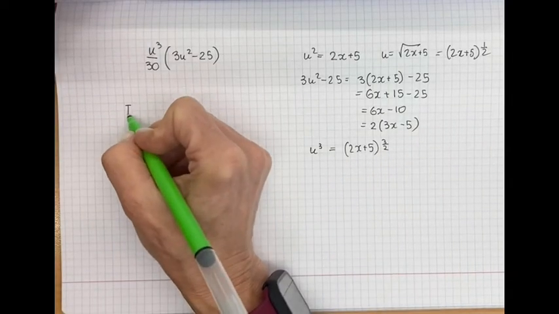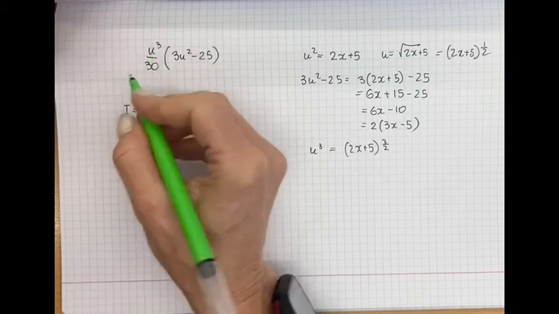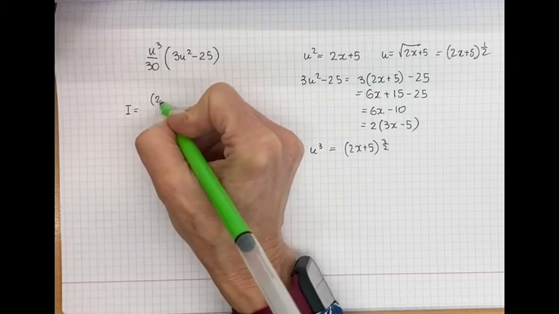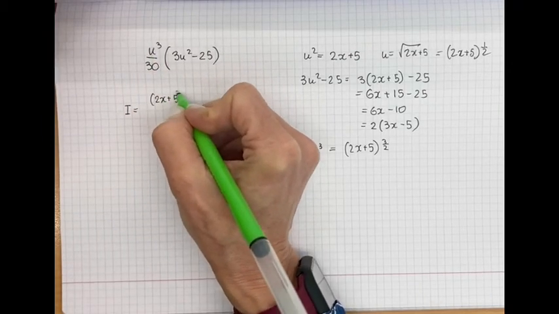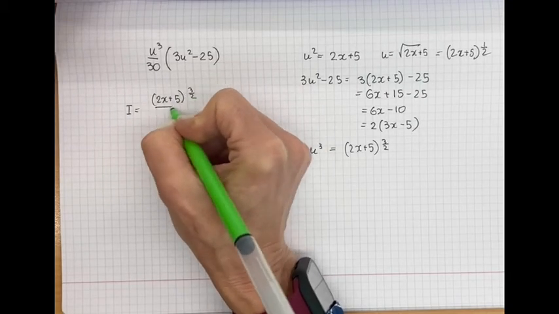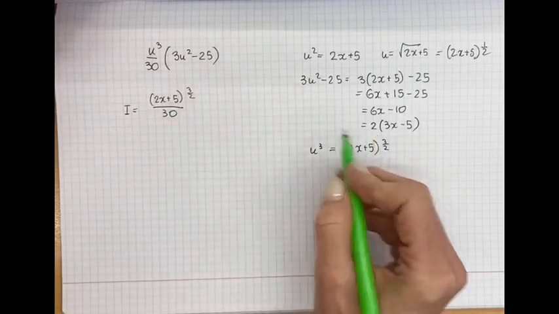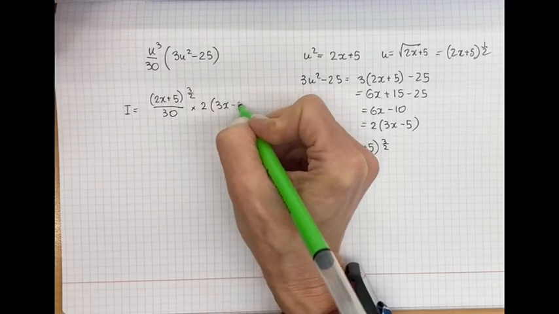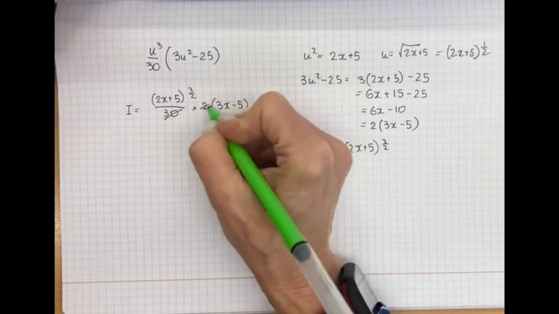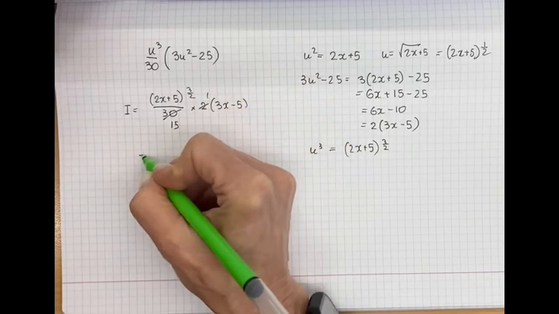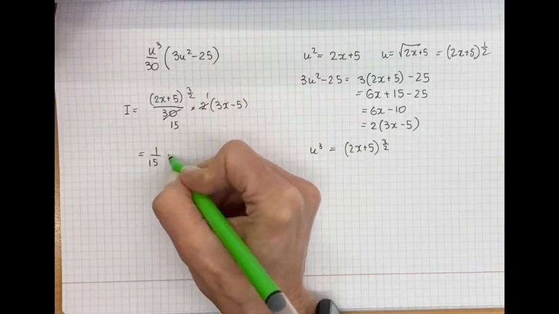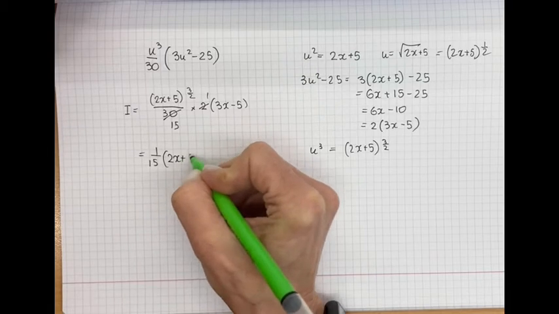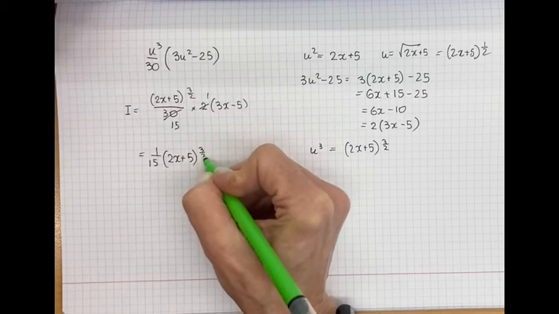So our integral will become (2x plus 5) to the power of 3 over 2 over 30, and then that bracket simplified to 2 lots of 3x minus 5. That cancels, and you're left with 1 over 15, (2x plus 5) to the power of 3 over 2 multiplied by (3x minus 5).